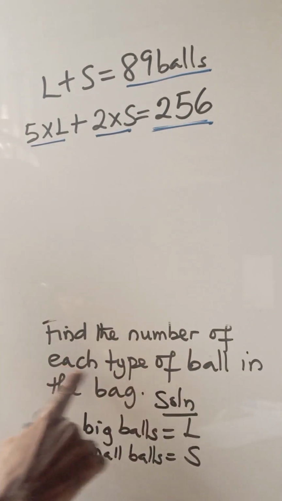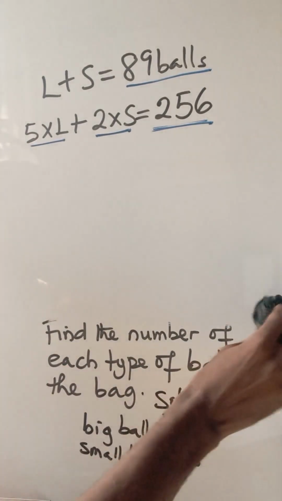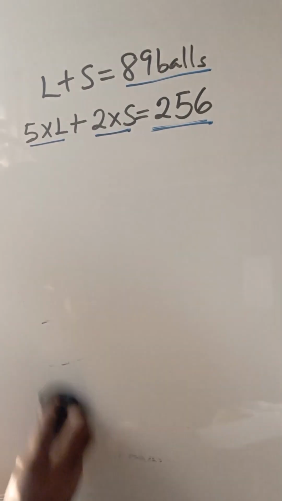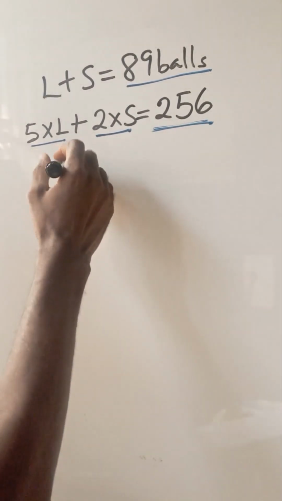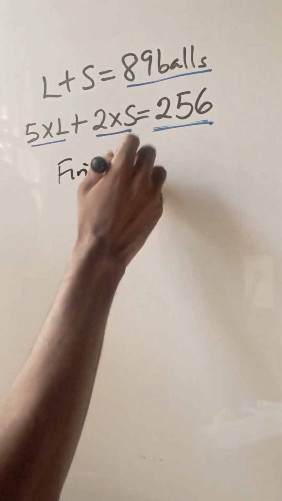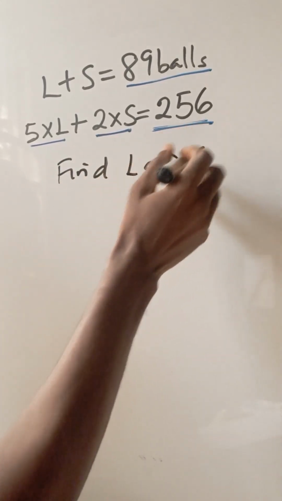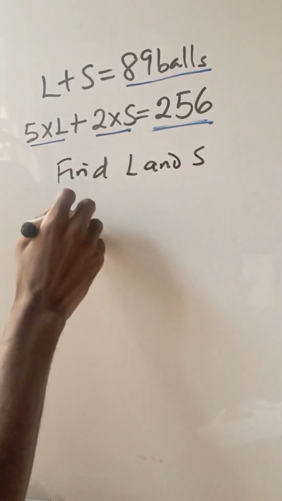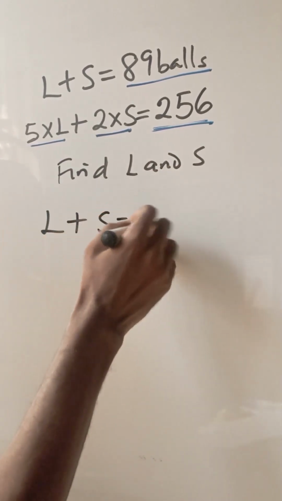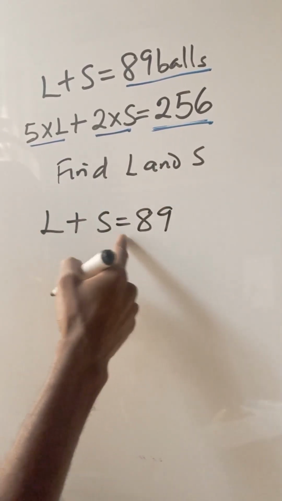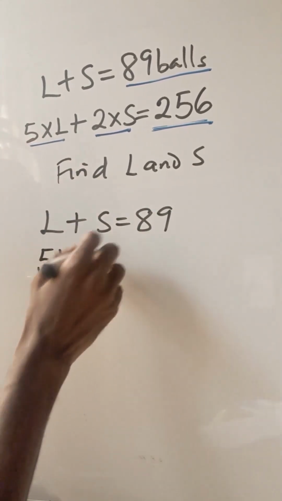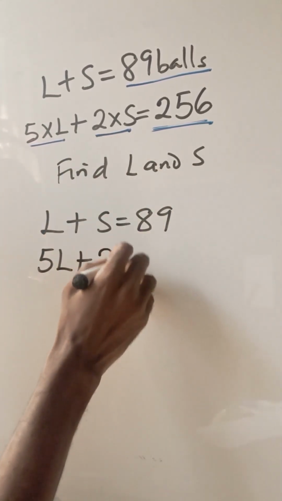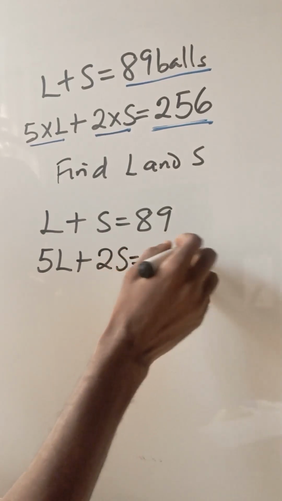Now to find the number of each type of balls in the bag, we have to find L and S. So this will give us a simultaneous equation. So I have L plus S equals 89, and 5 times L is 5L plus 2 times S is 2S equals 256.